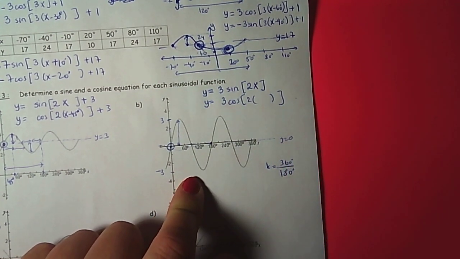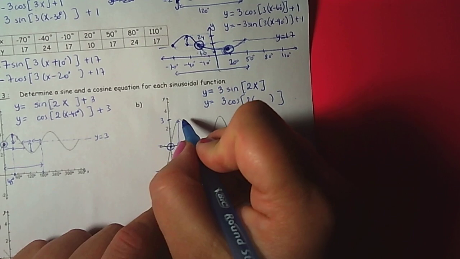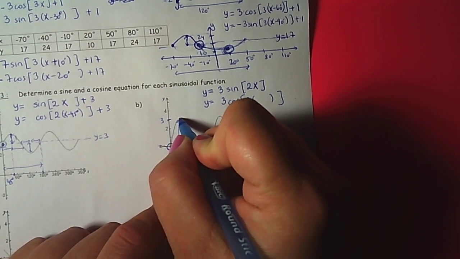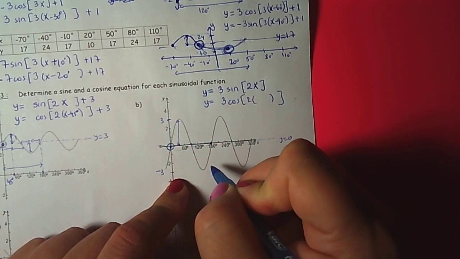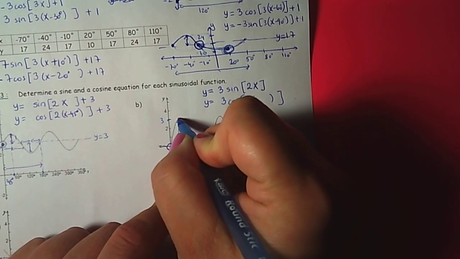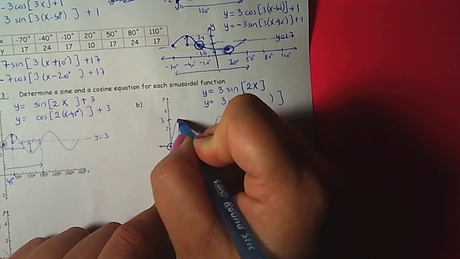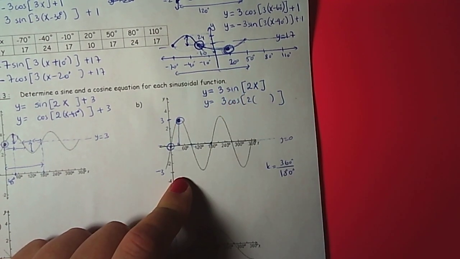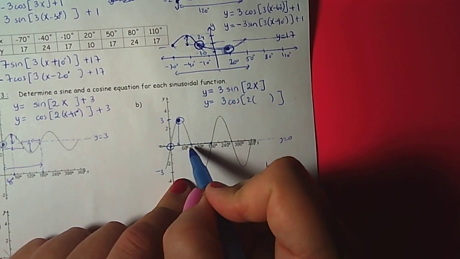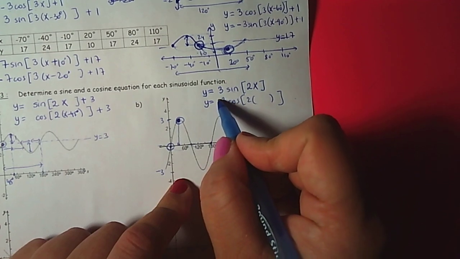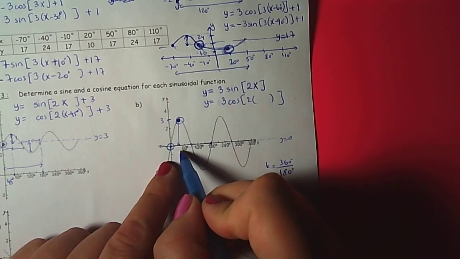Okay, so let's check the phase shift for cosine. For positive cosine, we start from a maximum. For negative cosine, we start from a minimum. So it looks like the maximum point is closer to the y-axis. So that's what we pick, the maximum. Then it is positive, we know that. Let's check the phase shift.